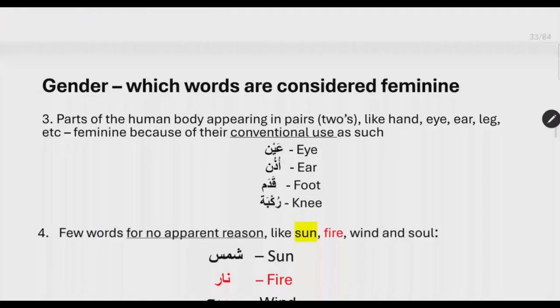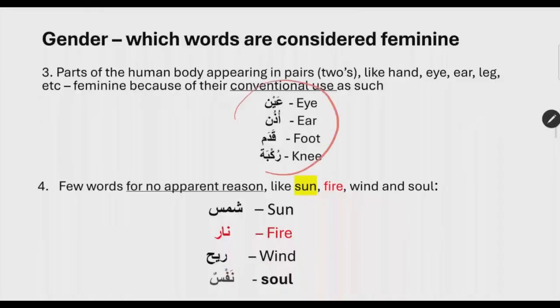All right, then this third category is by conventional use: parts of the body that appear in pairs. If there's an adjective to it, you know that adjective has to be feminine as well. So if you want to say a big eye, you'll say aynun kabiratun. Because kabir is masculine, kabiratun with the ta marbuta will make it feminine.